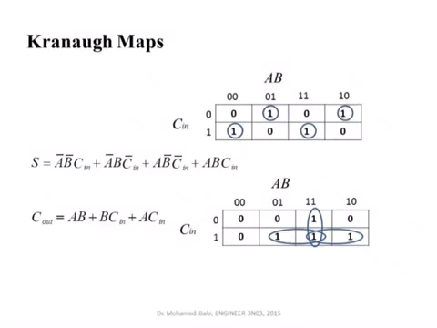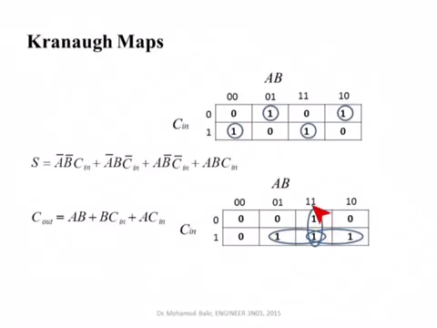The Karnaugh map for the carry out can be simplified because we can put these two together, and you can see in these two, B is always 1 and Cn is 1, so the logical expression corresponding to this one is B Cn. Now we can group these two together as well.